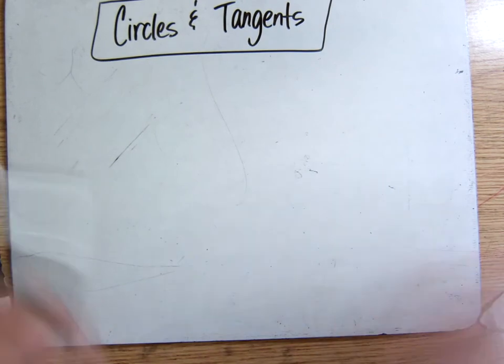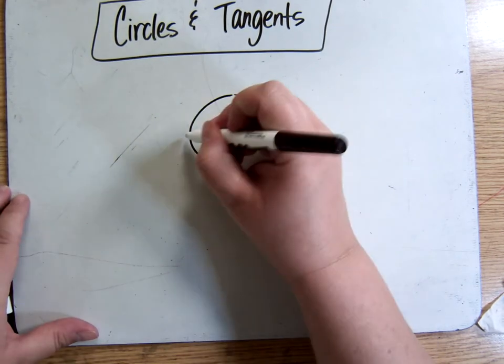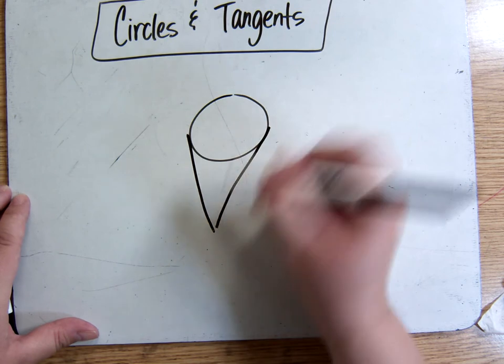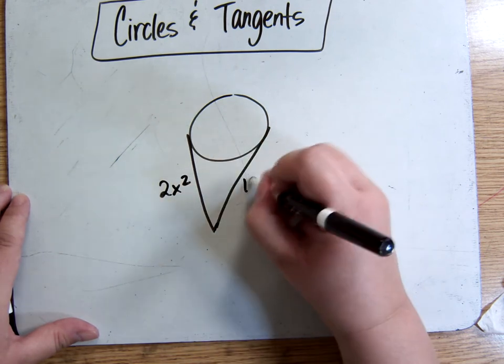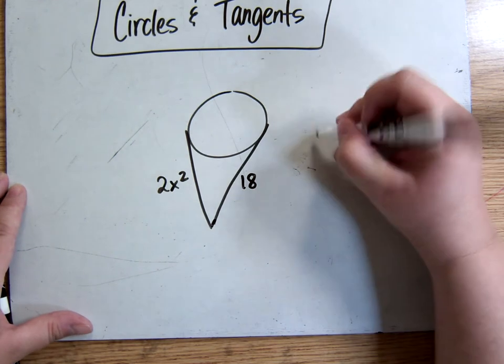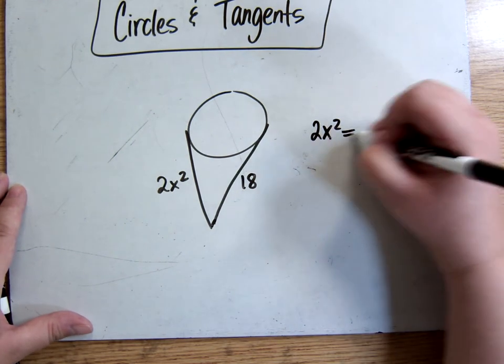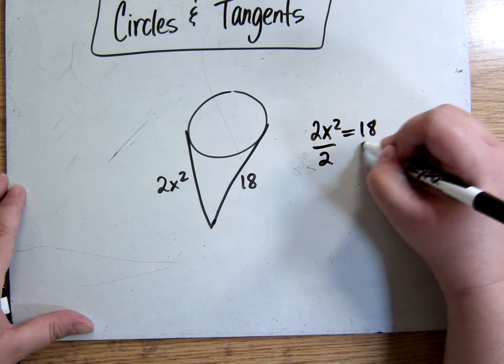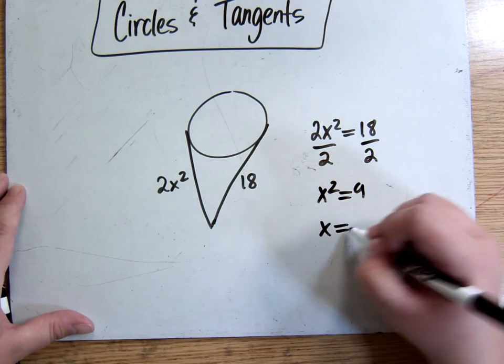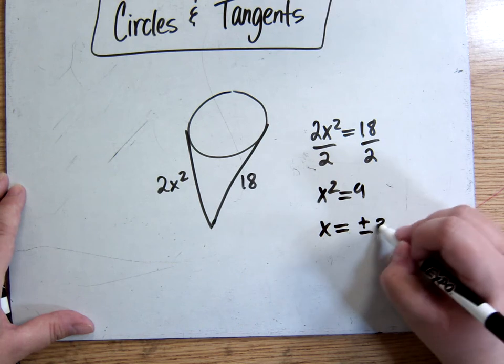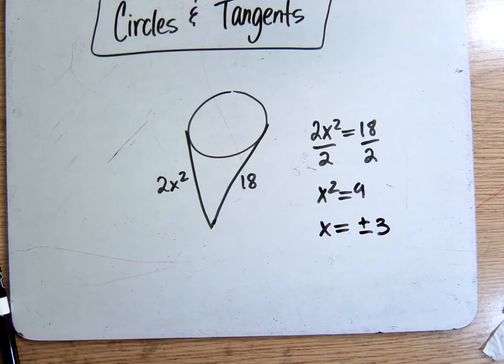All right, let's try a different one. Let's say we had one that looks more like ice cream, and this side is 2x squared, and this side is 18. Well, then 2x squared has to equal 18. Divide both sides by 2. X squared is 9. And x, in this case, could be positive or negative 3, because 3 squared is 9, and negative 3 squared is 9.